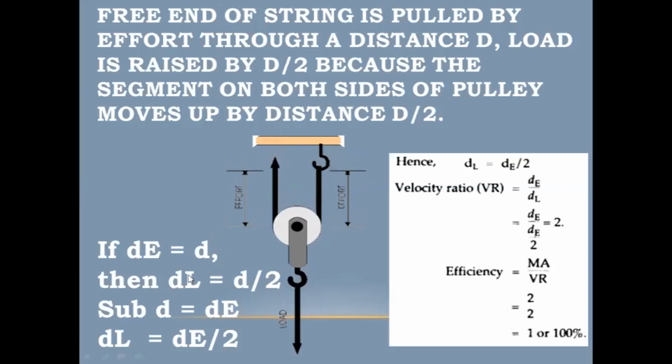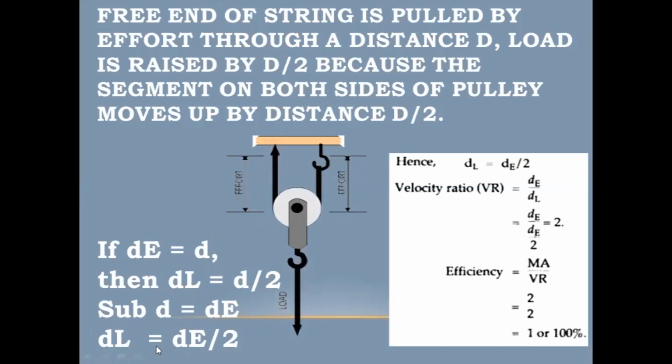So my value of dL becomes dE by 2, which is half the distance moved by the effort. So the value of dE is d, and the value of dL is dE by 2. So if I substitute it in the formula of velocity ratio, what happens? We will see.